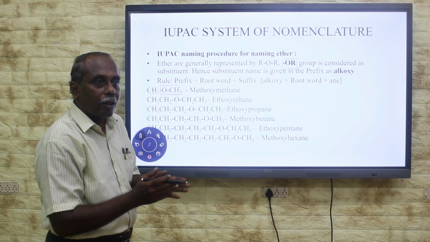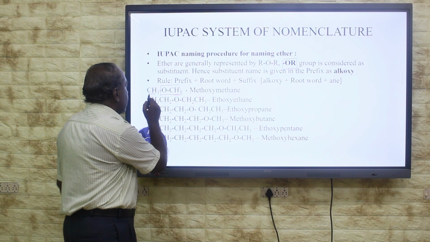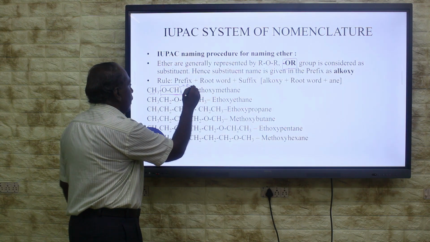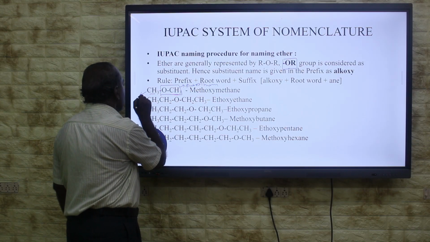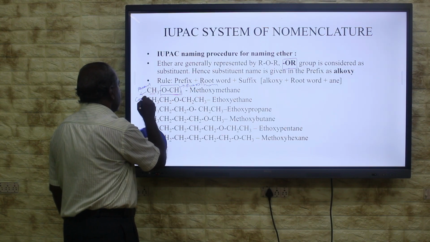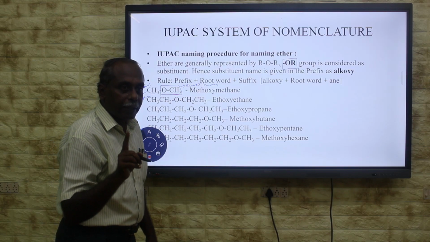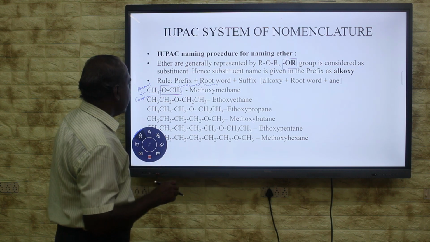Butyl group combined with the oxygen becomes butoxy. Here, methoxy is the substituent, and the other part is the parent compound. The parent compound has one carbon, which is the root word methane, so methoxymethane.